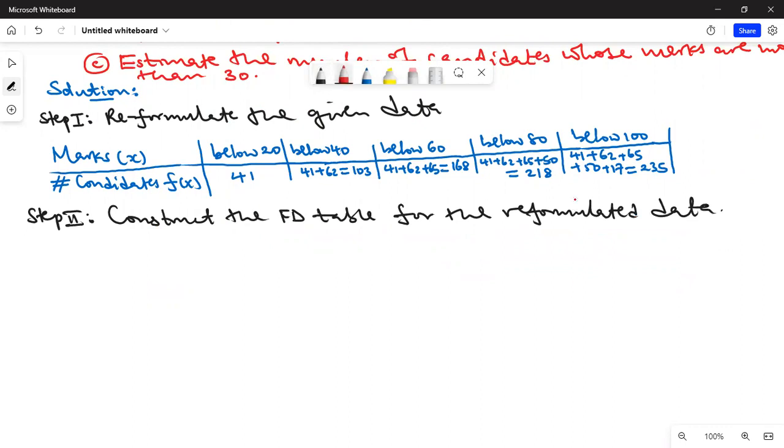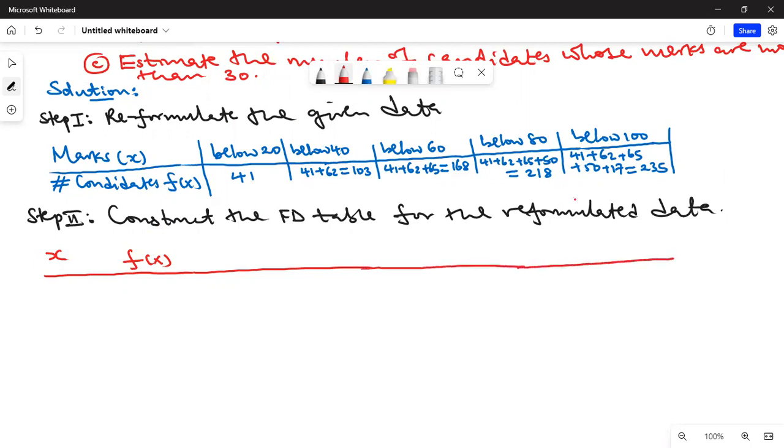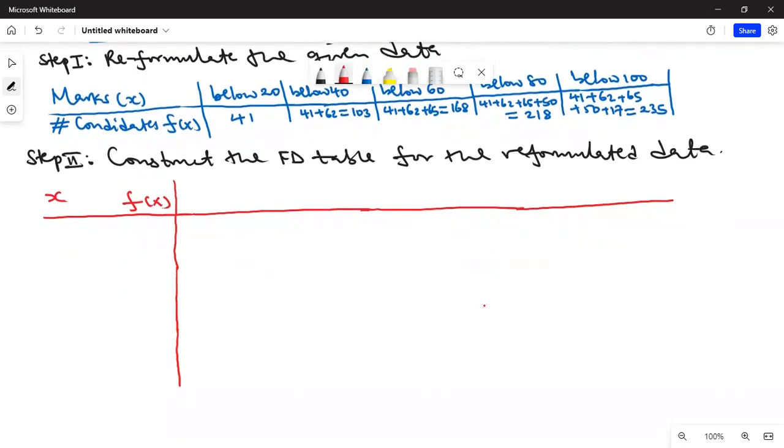In our table, we'll have x and f of x, with the horizontal line and the vertical line. So let's start with below 20, below 40, below 60, below 80, and then below 100.